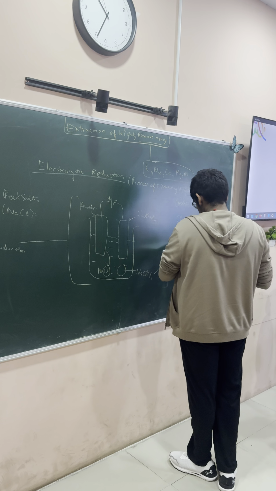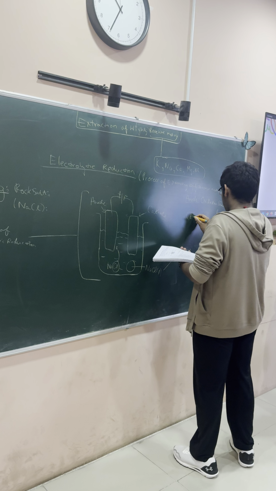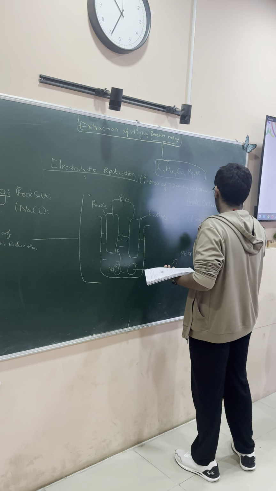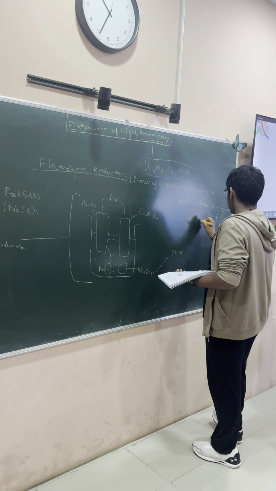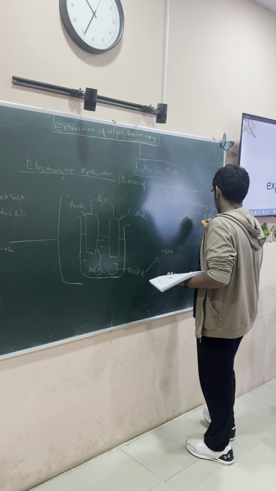So Cl minus 1 electron, e minus, gives you Cl. Then Cl plus Cl gives you Cl2, which is chlorine in its gaseous form.